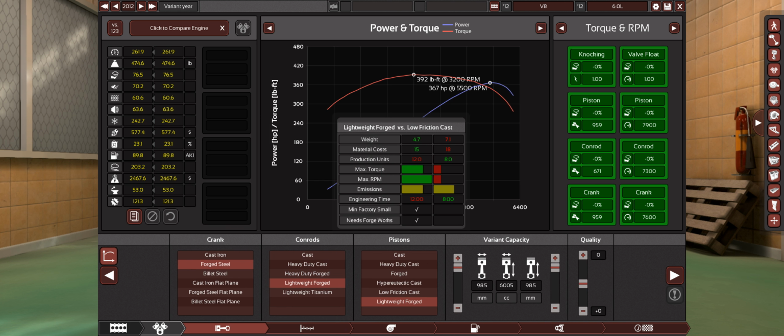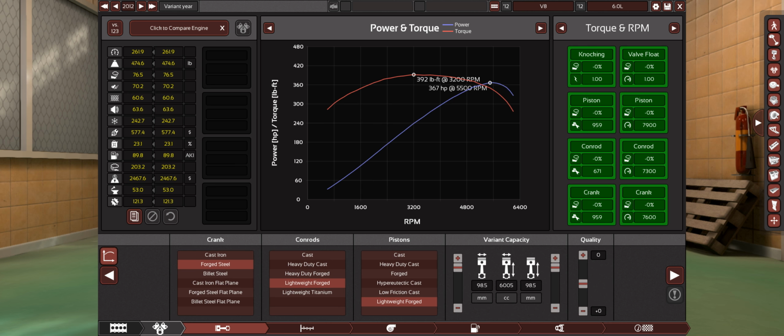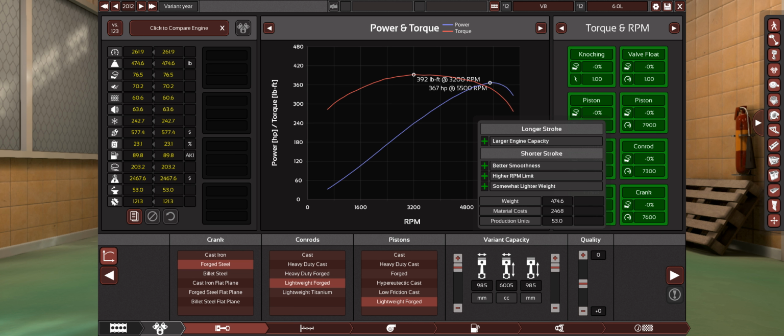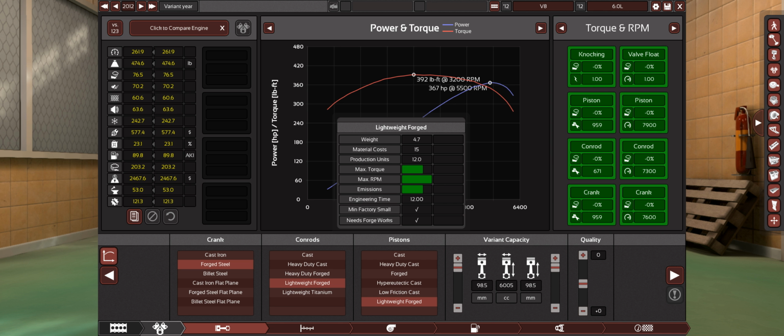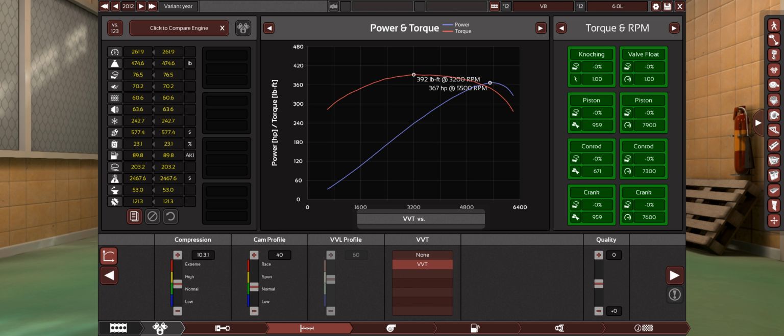And then lightweight forged pistons, conrods, and forged steel crankshaft, just so that we don't have to worry about anything like high RPM stress or too much stress from over torquing. Now, the lightweight forged pistons do actually decrease the octane value, so you'll need to use these pistons if you're going to be trying to replicate the results I got here.